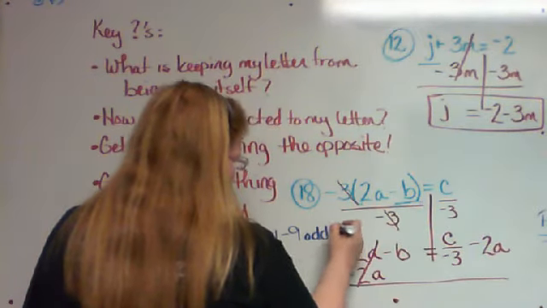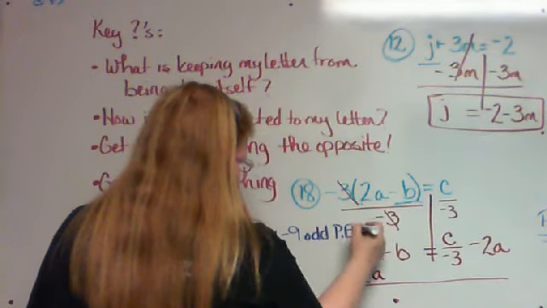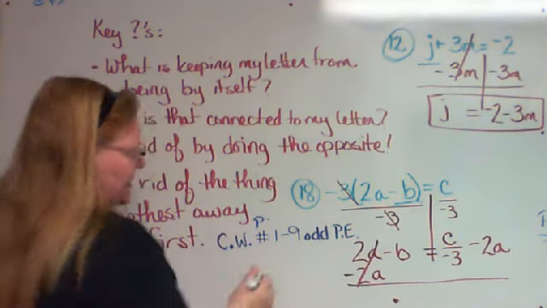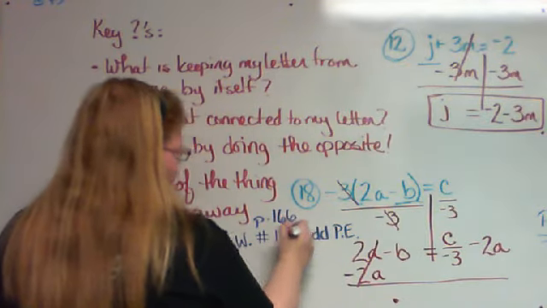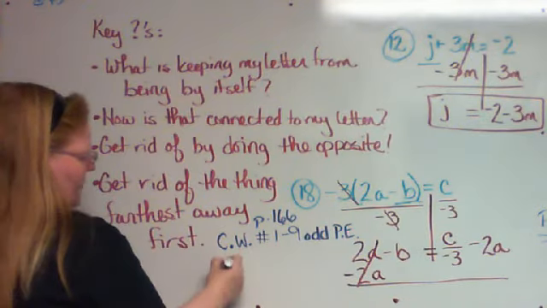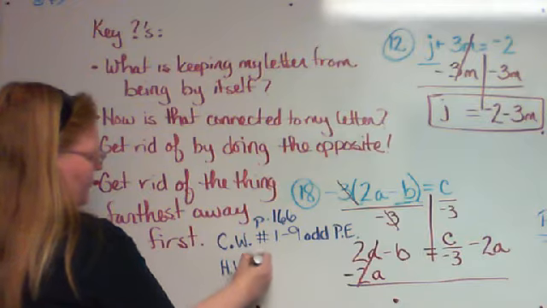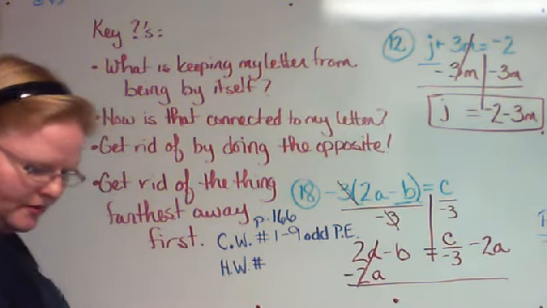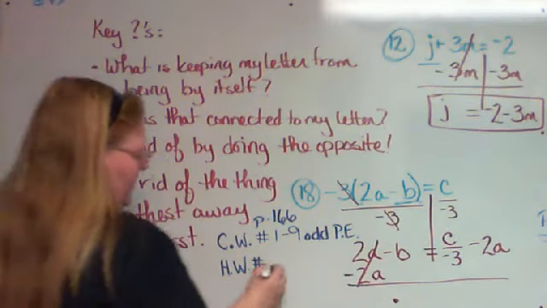And we're talking about the practice exercises. And it's on page 166, because you like it when I tell you what page it's on. And then for homework, numbers 11 through 17, odd.